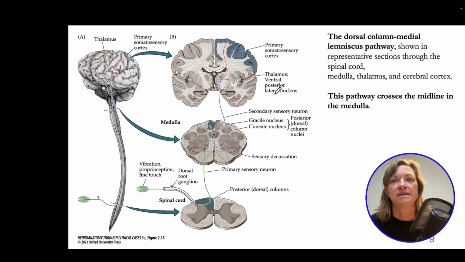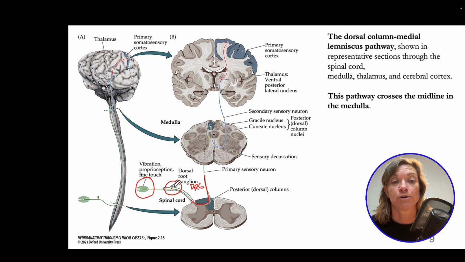The dorsal column medial lemniscus pathway. Let's take it a little bit slower and make sure we know what's what in this pathway. We've got a receptor in the periphery, a primary sensory neuron in the dorsal root ganglion, often abbreviated DRG. That axon continues to ascend.